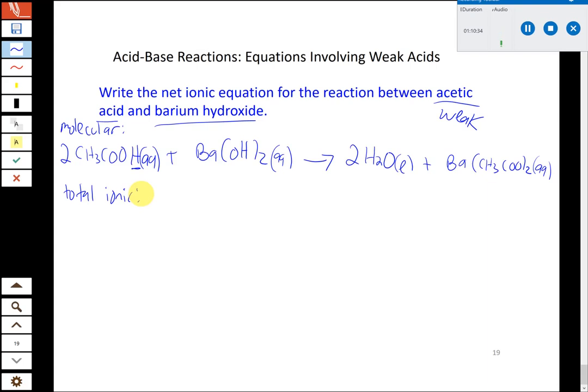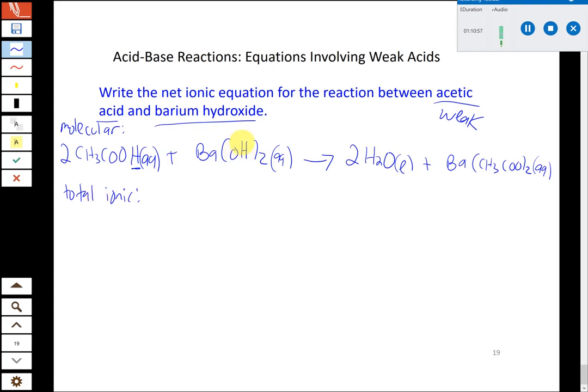For precipitation reactions involving only ionic compounds, we just separated everything that was aqueous. Everything that was dissolved separates into cations and anions, because that's what happens when you dissolve an ionic compound in water. But for acid-base reactions, for the ionic equations, we need to think about what type of acid and base do we have. Is it a strong acid or a weak acid, strong base or a weak base?